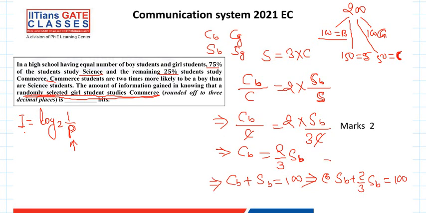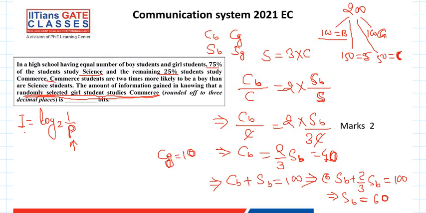If you solve this, you will get the number of boys in science equal to 60. So the number of boys in commerce will be 40. So the number of girls in commerce will be 10. So CG will be 10.